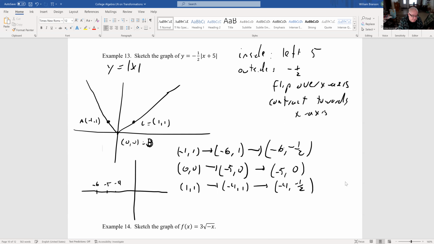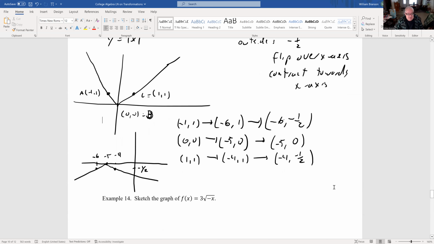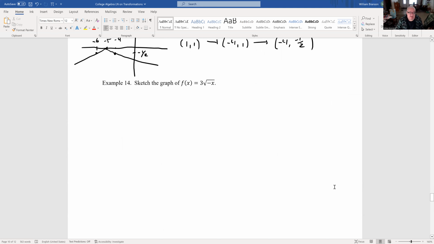And at -6, we're at -1/2, and -5, we're at 0, and at -4, we're at -1/2. So the graph looks like that. It's been moved left 5 units, flipped over the x-axis, and flattened out a little bit, contracted back up towards the x-axis. What about 3 times the square root of -x?